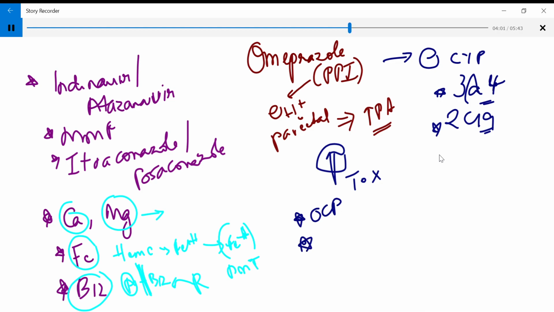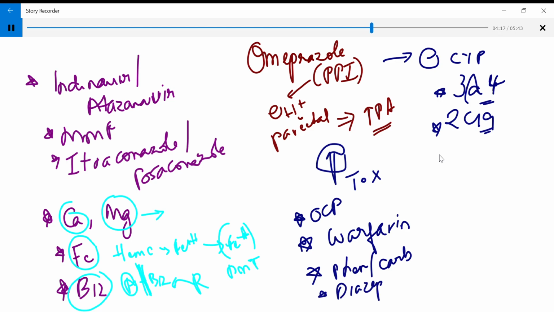So oral contraceptive pills, warfarin, anticonvulsant drugs like phenytoin and carbamazepine, diazepam, and tacrolimus. There are many of them. I've just listed a few.